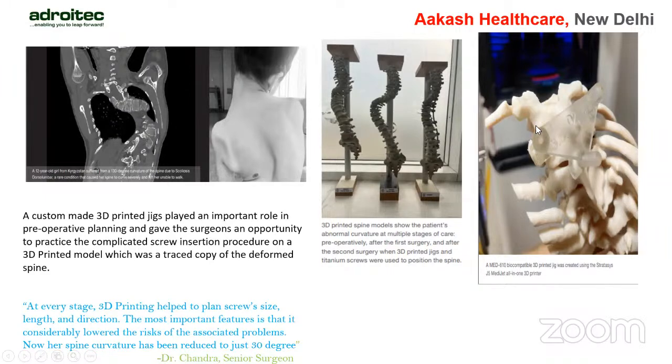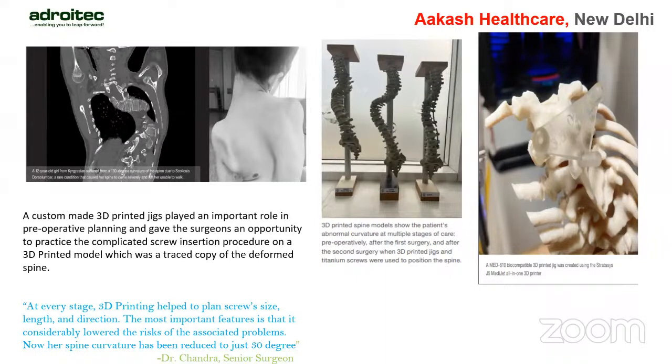You can see this is the jig which is attached over the spinal cord. Here they are inserting titanium screws so that the spinal cord can stay in its original position. They added 14 of these jigs to the spinal cord. After that, they inserted titanium screws.